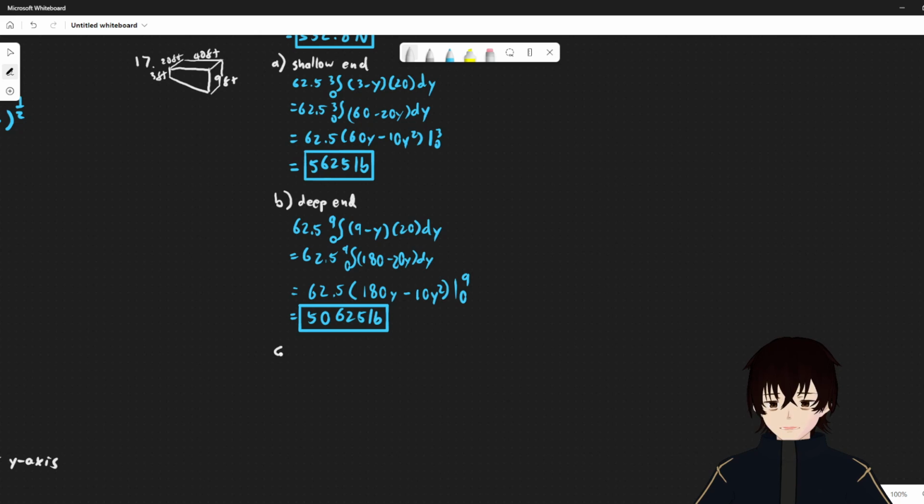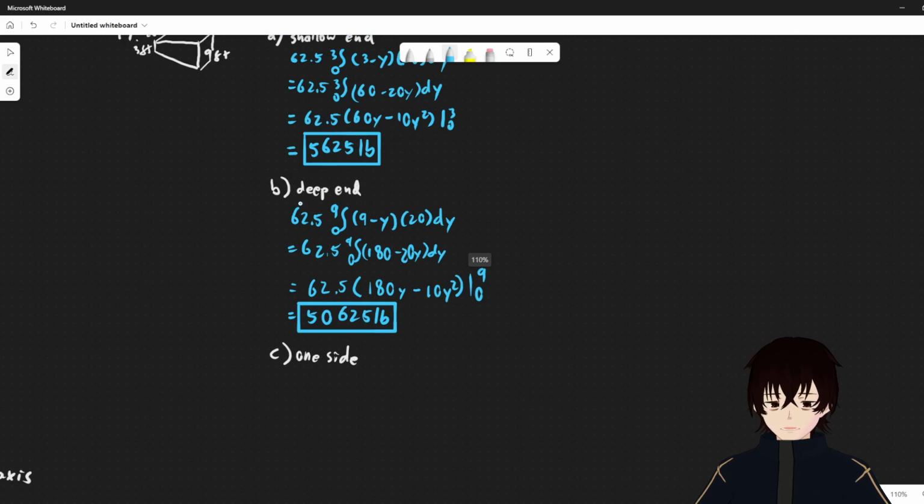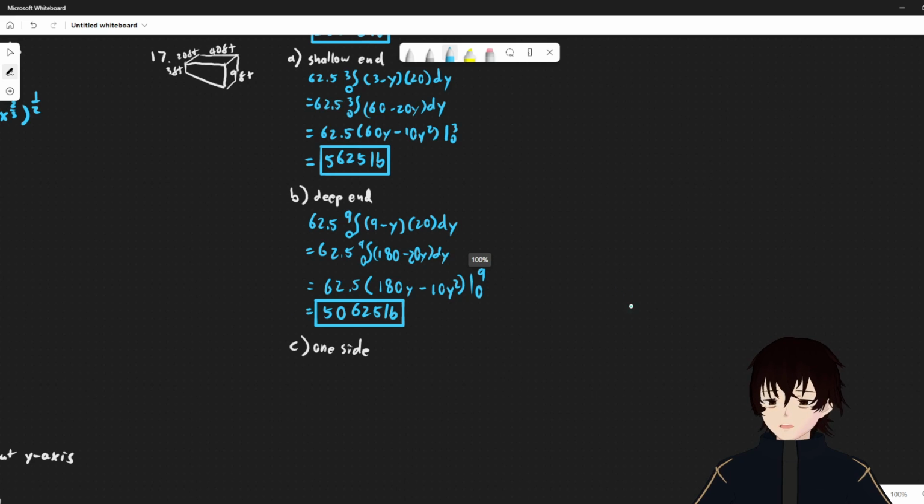Now, C wants to know one of the sides. So that's one of our trapezoids. Okay, but for the trapezoids, I need to know the equation. Strip depths. But if we turn it around, that's going to look like this: 3, 9, 40.